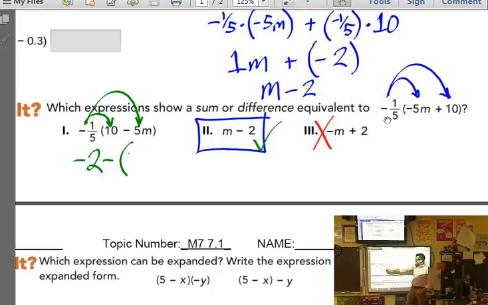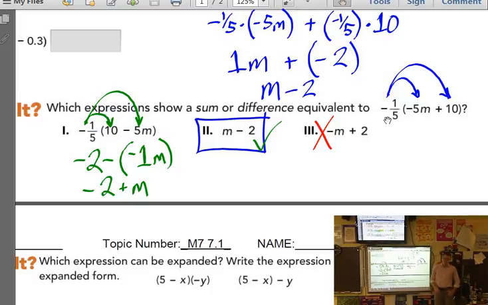Negative times positive gives me negative. A fifth of 5 gives me 1. The m comes along. This ends up negative 2 plus m. Is that the same? Do I have a positive m? Do I have a minus 2 or a negative 2? Yeah. This is the same. These are equivalent. This works.